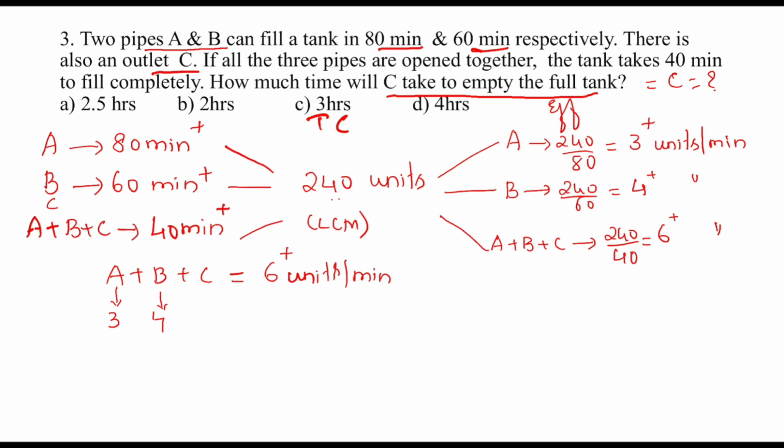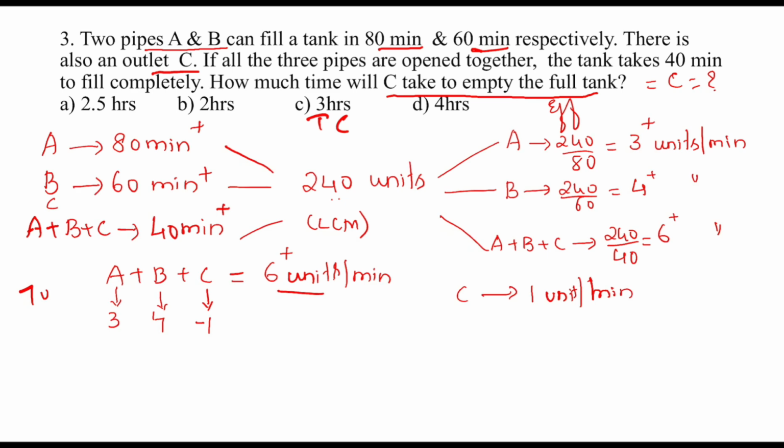So A and B together should fill 7 units per minute, but only 6 units per minute is filling. Why is that? Because C is removing some water. So 3 plus 4 is 7, minus 1 gives 6 units per minute. So that means C is emptying 1 unit per minute.